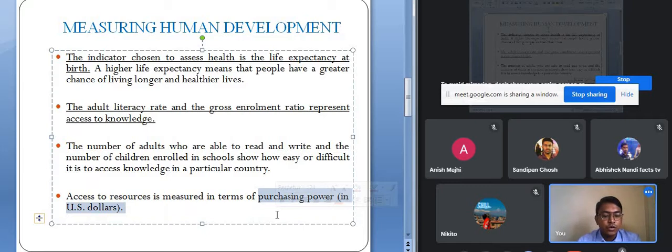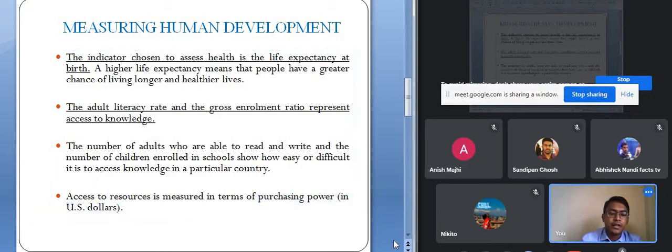After the total, you will find that some countries get 0.57, some get 0.67, some get 0.8. The countries with a score close to 1, like 0.7, 0.75, 0.78, will be placed higher in the level of human development, and the countries with 0.5, 0.4 will be placed at a lower level of the human development index.